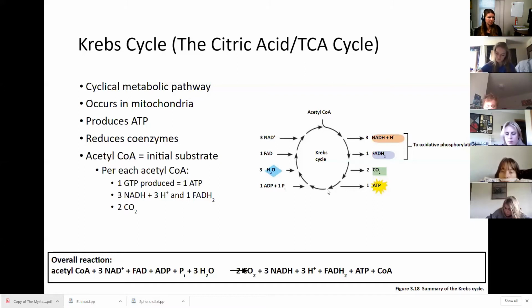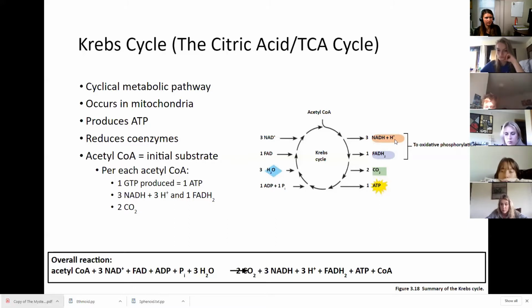It's immediately funneled into this cycle. There are a number of steps. We don't need to know them specifically for this course. But for each acetyl-CoA, we're producing 1 molecule of ATP. We're producing 3 of this molecule NADH, 1 of this molecule FADH2, which works the same as NADH.